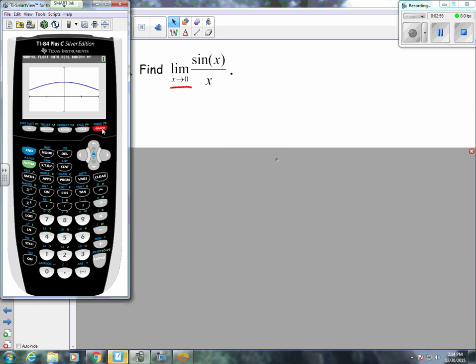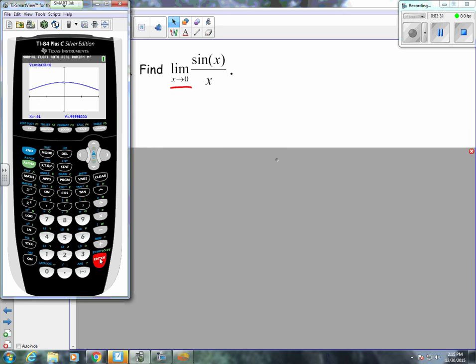Obviously, at 0, this function's not defined. But as we get closer and closer to 0, it seems like we are approaching a certain value. As we approach from the left, let's say negative 0.5, and then negative 0.2, negative 0.1, looking at the y values, negative 0.01, it seems like we're getting closer and closer to the y value of 1.